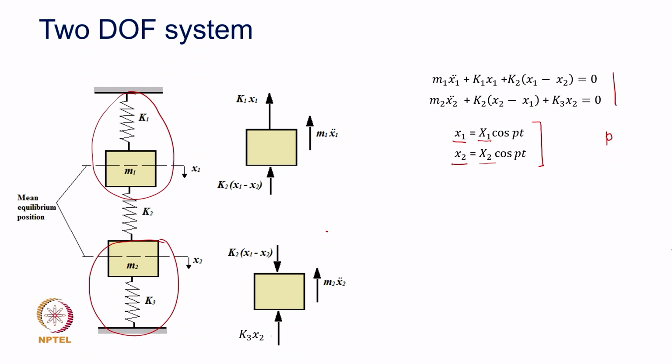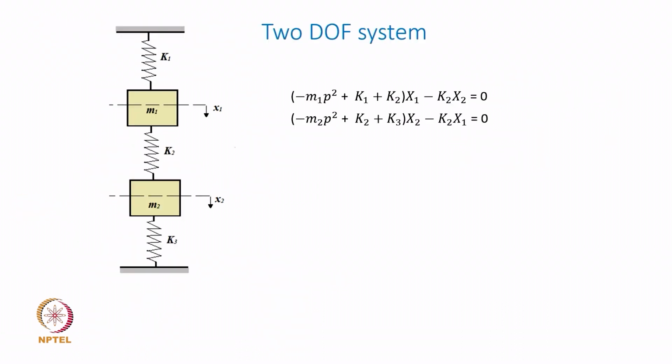So we tried to check whether this is really possible or not, and the way to do it is to assume such a solution, substitute in the governing equations, and look for the expression for such a frequency p. When we substitute that, these are the two equations that we derived.